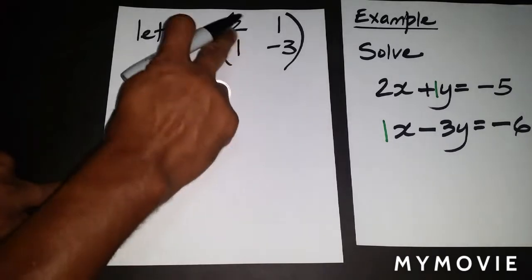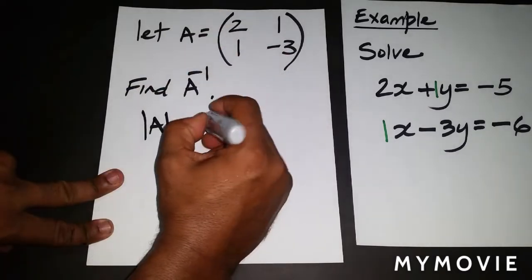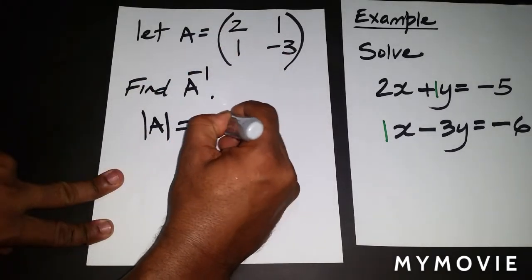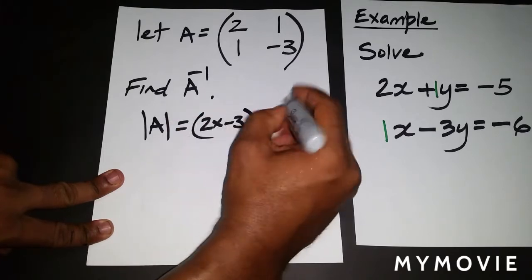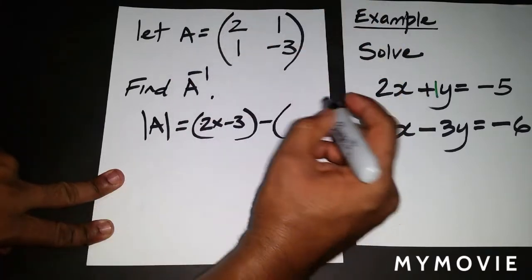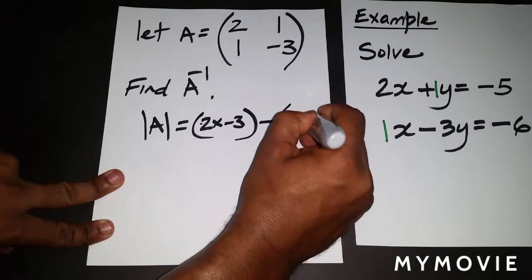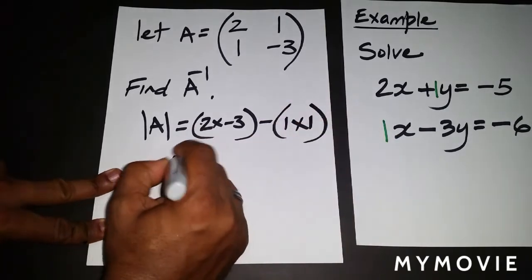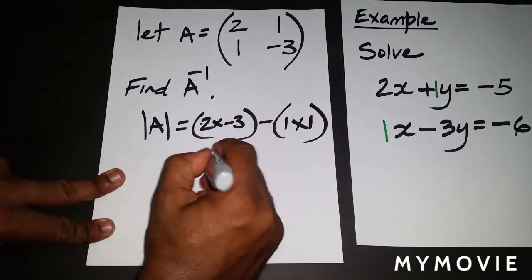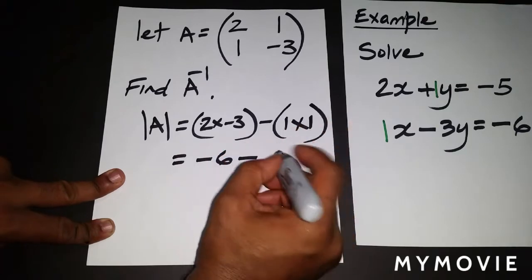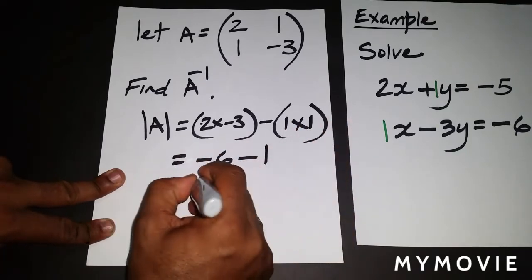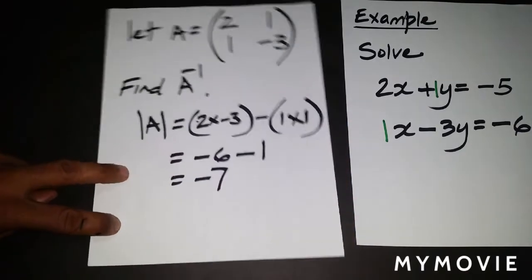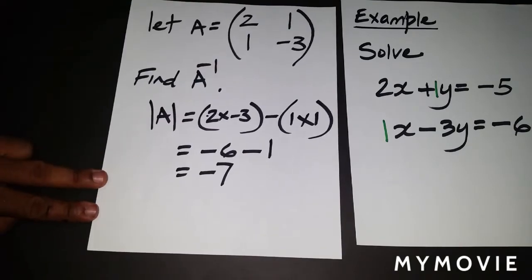The determinant is equal to the product of the elements in the leading diagonal, that is 2 times minus 3, minus the product of the other two elements, that is 1 times 1. So 2 times minus 3 is minus 6, and 1 times 1 is 1, which gives us a determinant of negative 7.